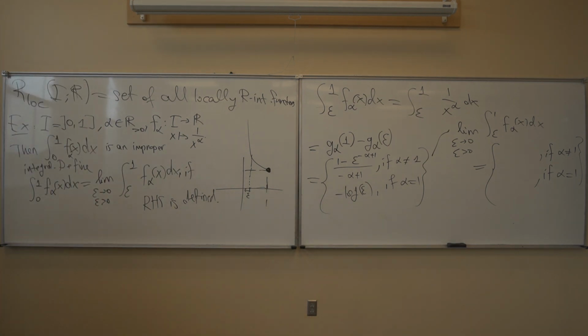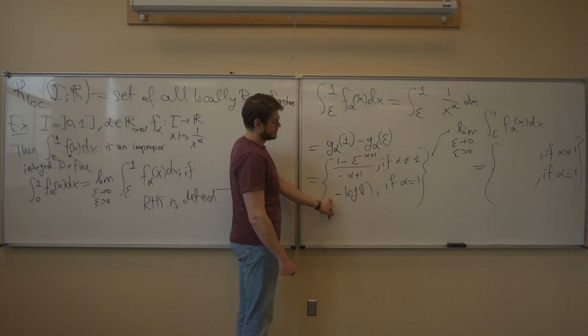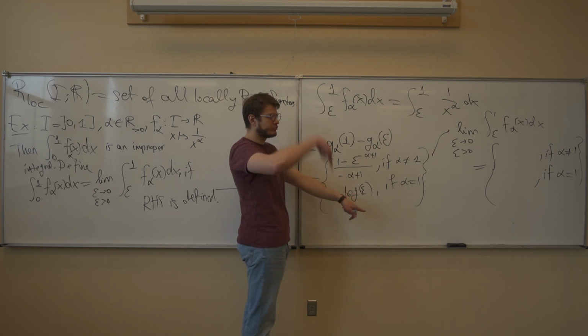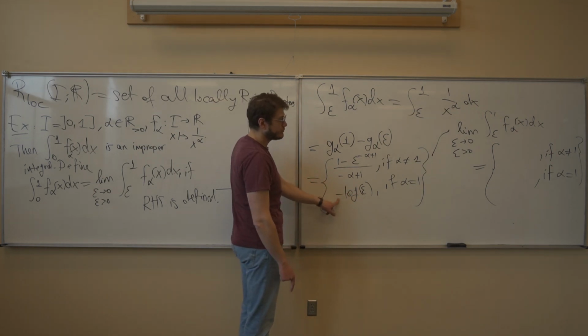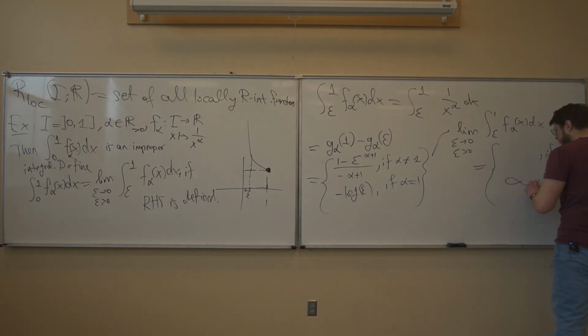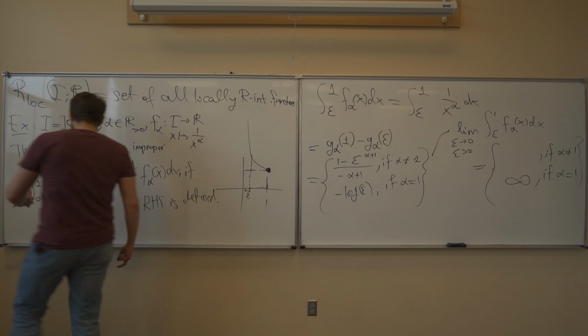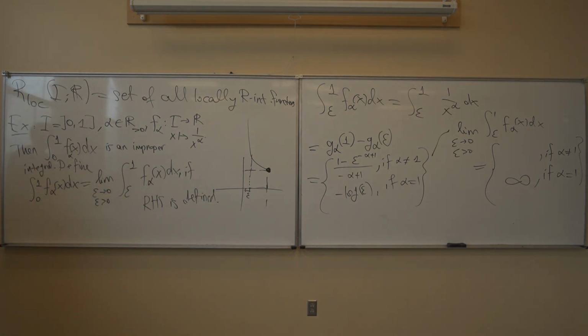Now, as epsilon goes to 0, let's say that we're in this situation. I know that log goes to negative infinity, which means that this goes to positive infinity. So if alpha is 1, then this improper integral over here blows up. It gives you infinity. Area underneath is infinity.